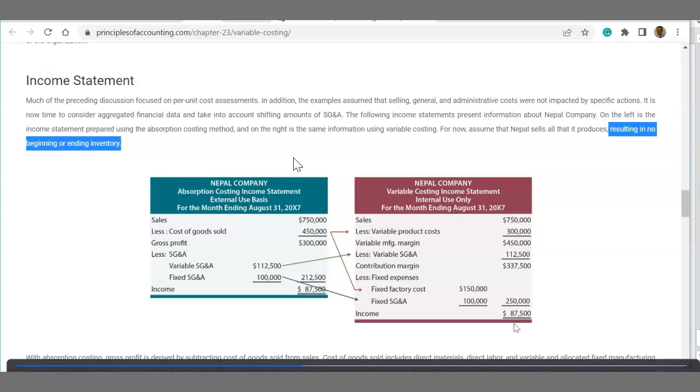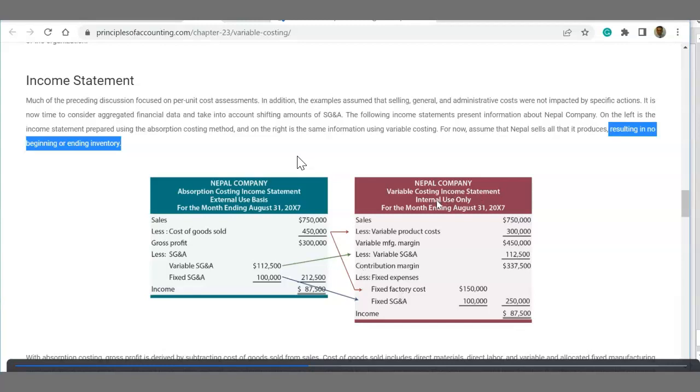That means if a company produces whatever they produce and sells all of it and nothing is left, then the net income in the income statement will be exactly the same either under absorption costing or under variable costing.